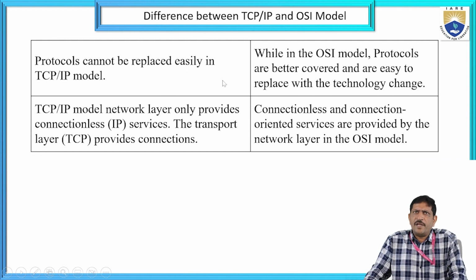Protocols cannot be replaced easily in the TCP/IP model, while in the OSI model, the protocols are better covered and are easy to replace with technology change. In the TCP/IP model, the network layer only provides connectionless service, that means the Internet Protocol service. The transport layer TCP provides the connections. Connectionless and connection-oriented service are provided by the network layer in the OSI model.